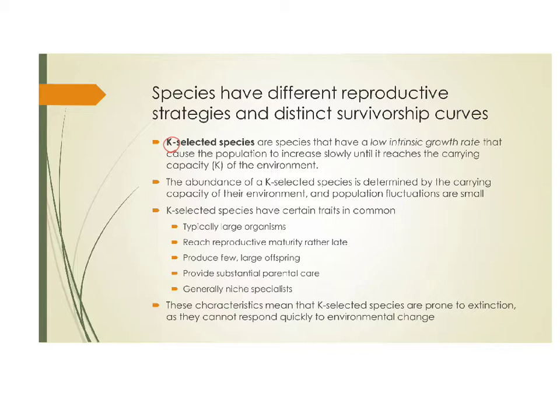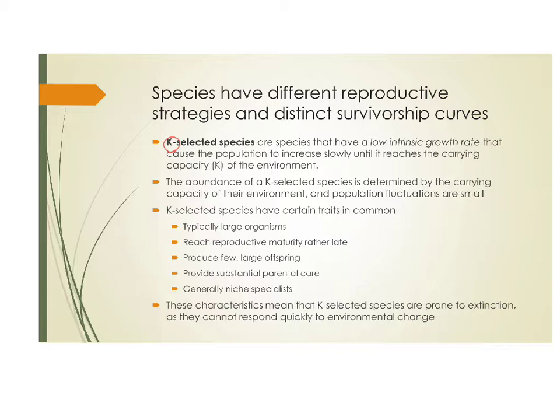K-selected species have certain traits in common. They're typically large. They typically reach reproductive maturity rather late. They produce few large offspring, usually one or two. They don't produce lots of litters. And they provide substantial parental care to their few large offspring. When you invest a lot of metabolic resources into creating a large offspring and you only do that once in a while, then there's a lot of parental care that's also invested in those offspring.